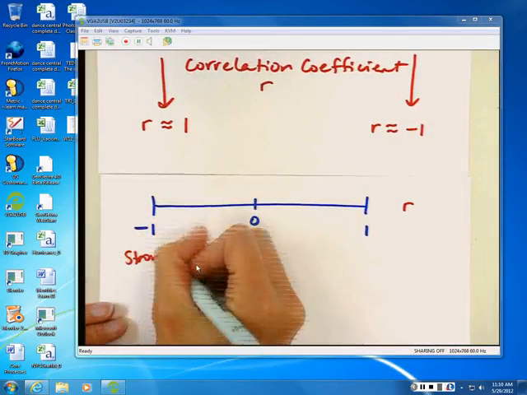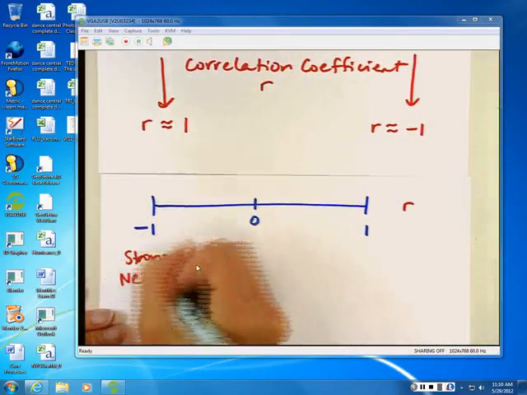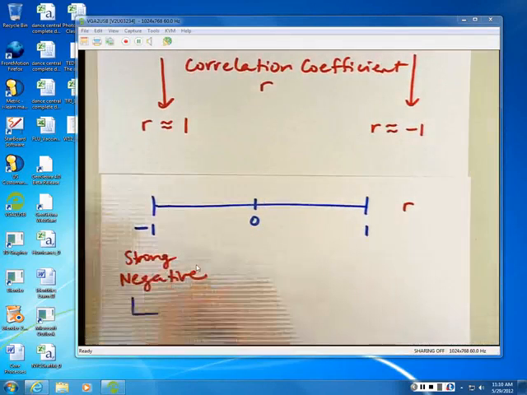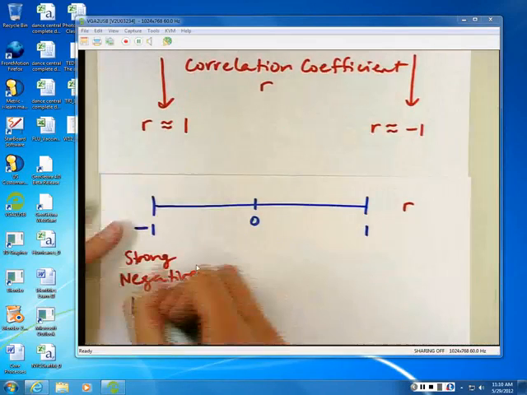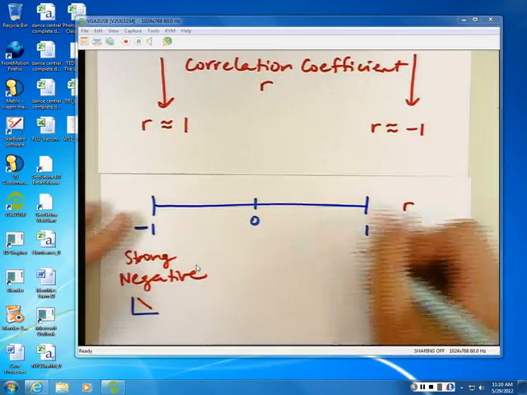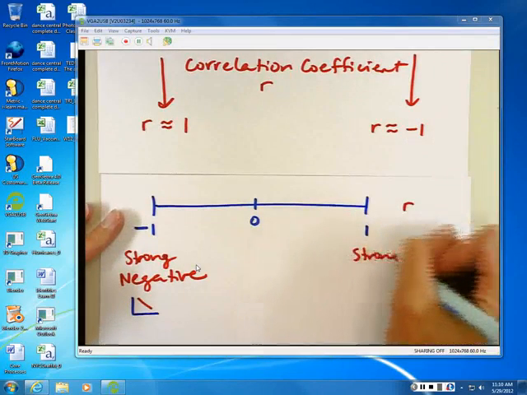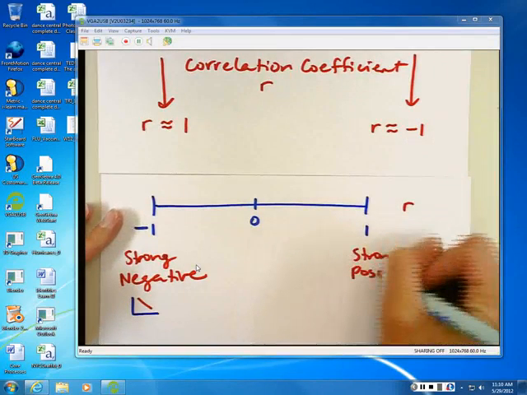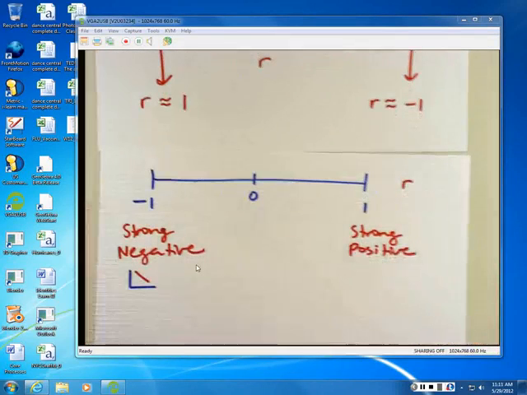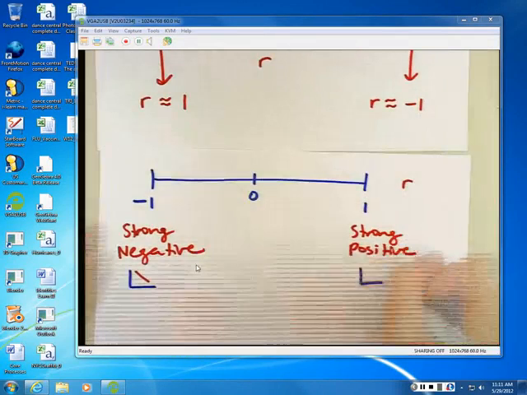So this has a strong negative correlation. And that means that my line goes like that. On the other side, I have a strong positive. So anything towards 1 is a strong positive, which means that the line that fits my data goes up.